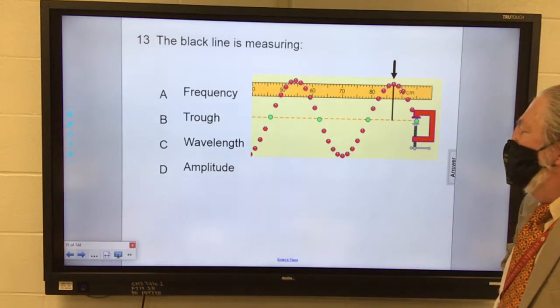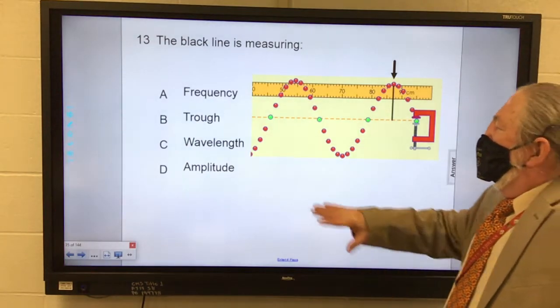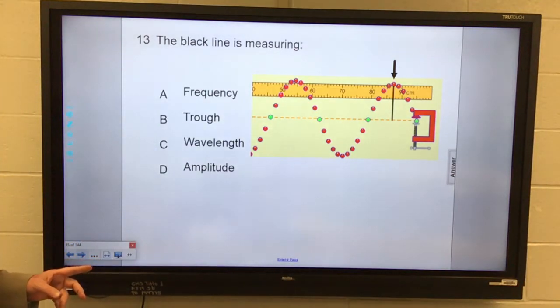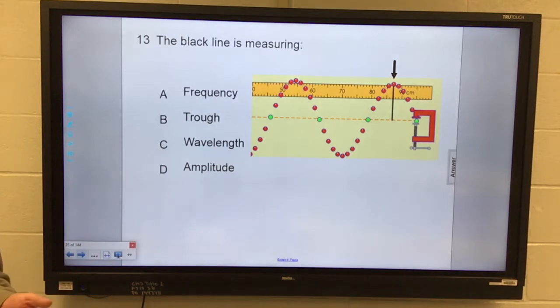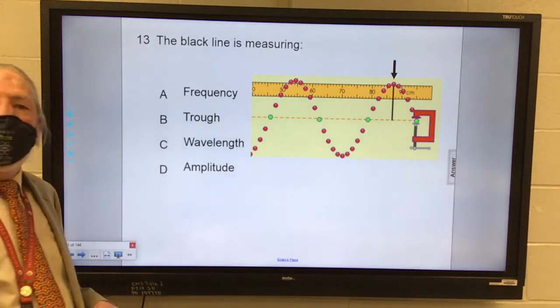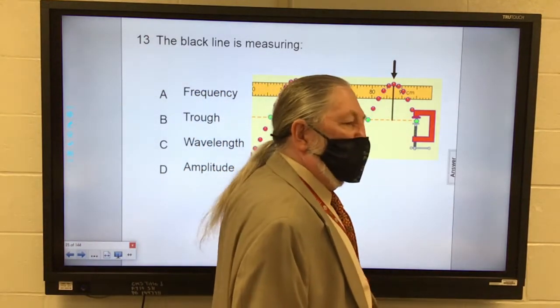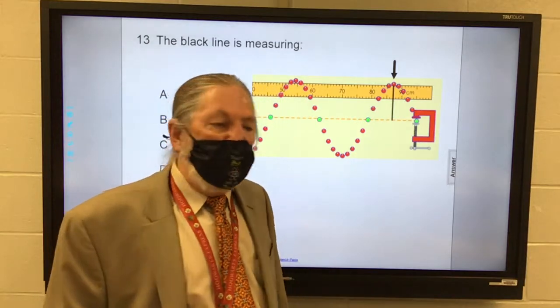Can't choose A or B. Everybody got an answer? By the way, you can go back and look at the other slides, where we were talking about what that is right there, from there to there. Okay?